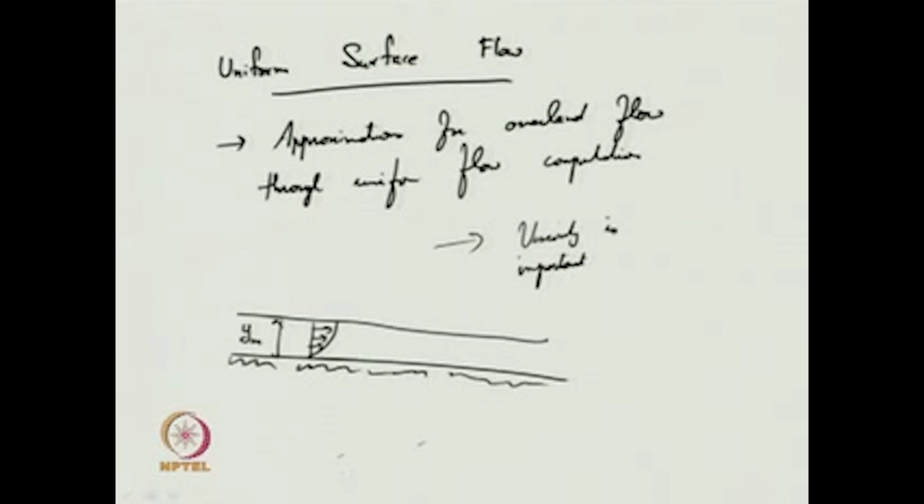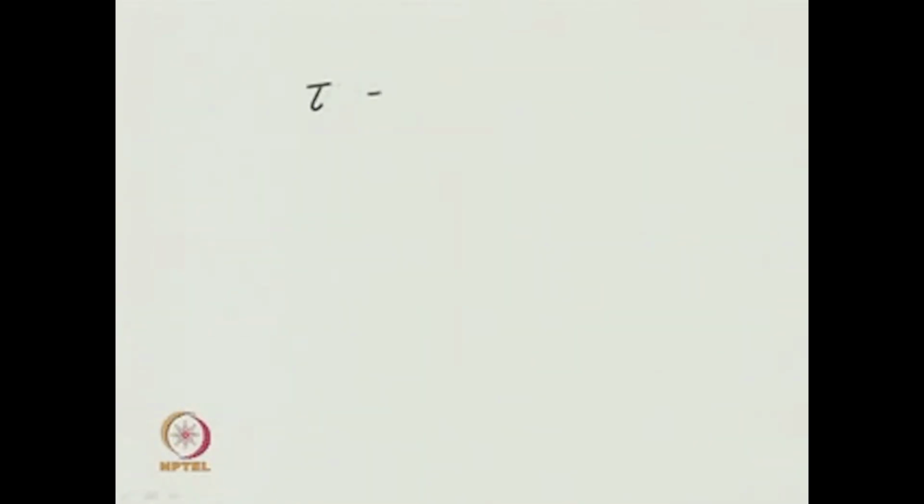in overland flow. If viscosity is important, how will you compute the uniform flow now? You have to use Newton's law of viscosity. I hope you know what Newton's law of viscosity is, which suggests that the shear stress along the bed of the channel or pipe is proportional to the gradient of velocity, and the proportionality constant is called the dynamic coefficient of viscosity, mu.